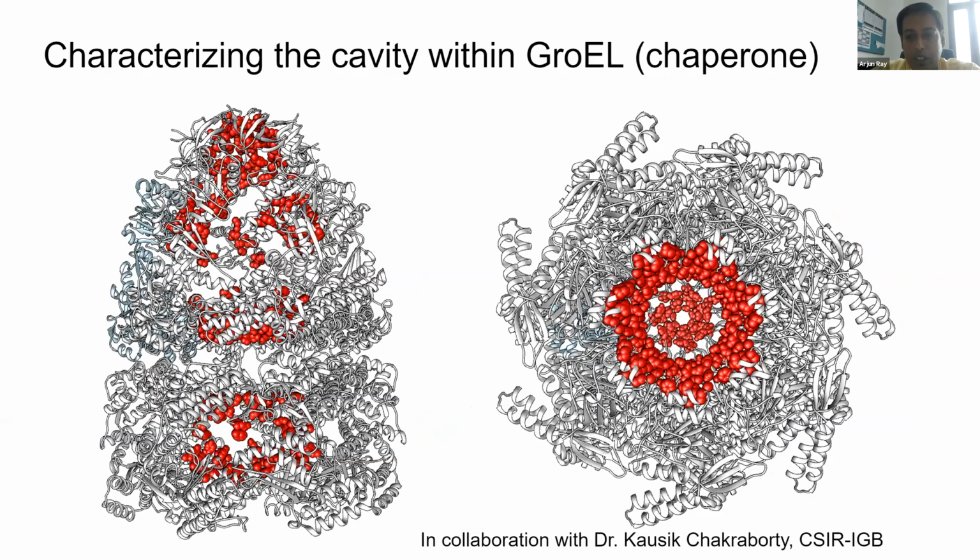Moving on, another key application we identified using Cyclops is a work in collaboration with Kaushik Chakraborty at CSIR-IGIB, whose lab's interest is in chaperone proteins and how proteins are folded in those chaperones. With Cyclops, we could identify all the residues which are 100% inside.